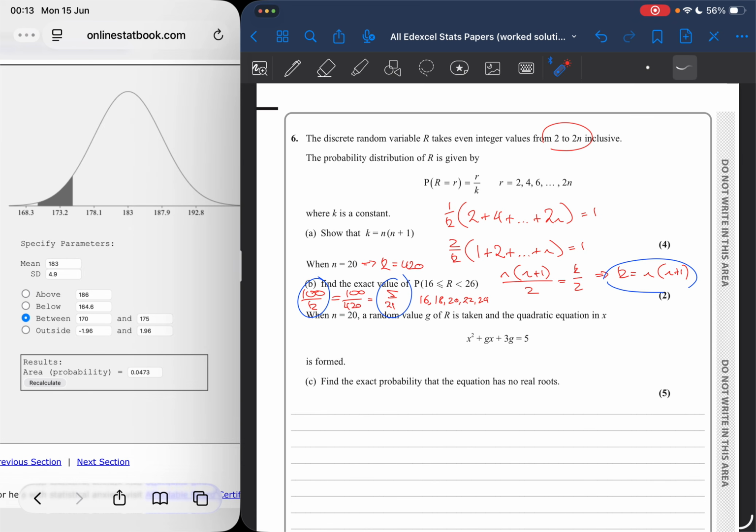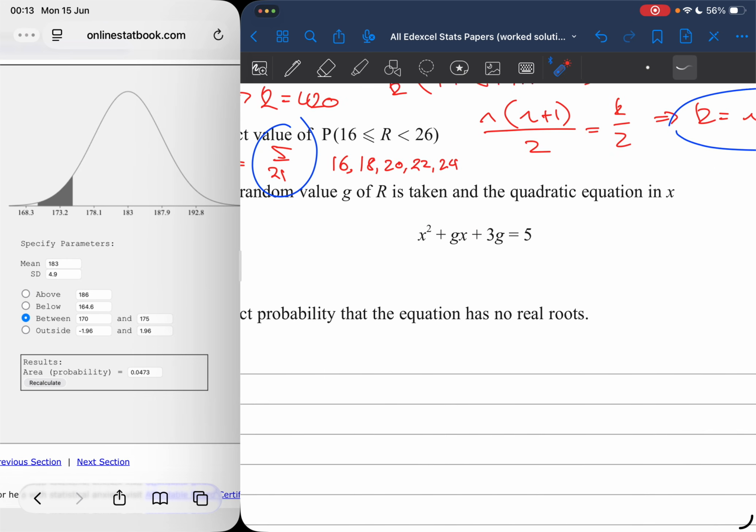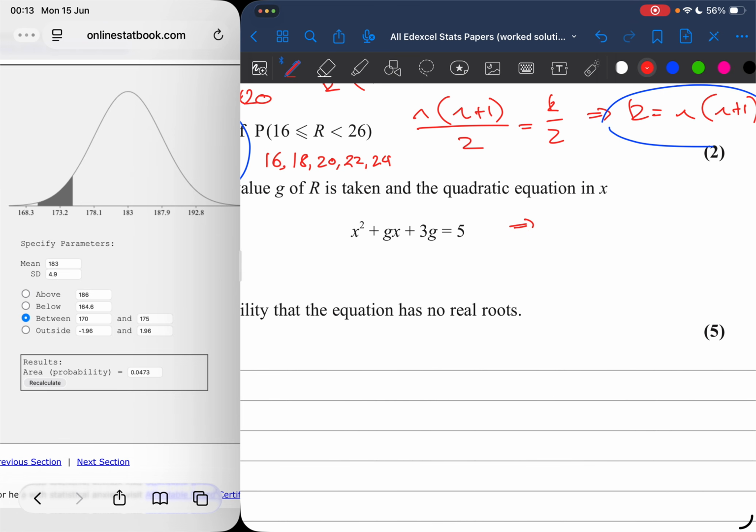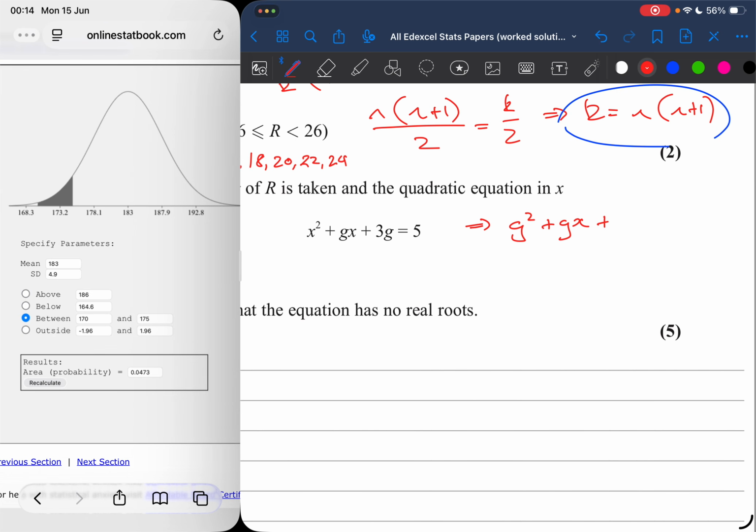So n is still 20. Random variable g of r is taken. Quadratic equation in this. Find the exact probability that the equation has no real roots. Okay, well, how does that work? We need to first of all make this into an actual quadratic where we have 0 on the other side. So we're going to leave the 3g alone, and we're going to take away a 5.